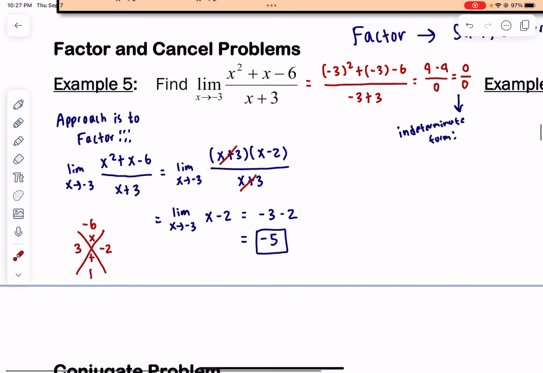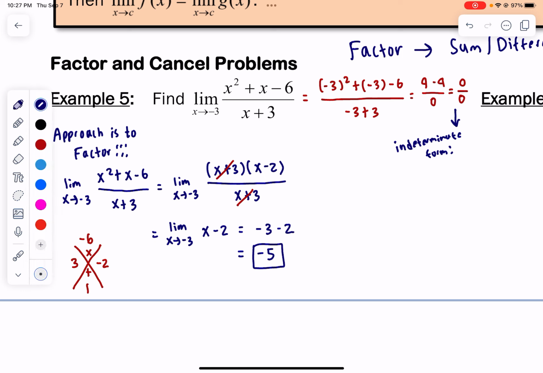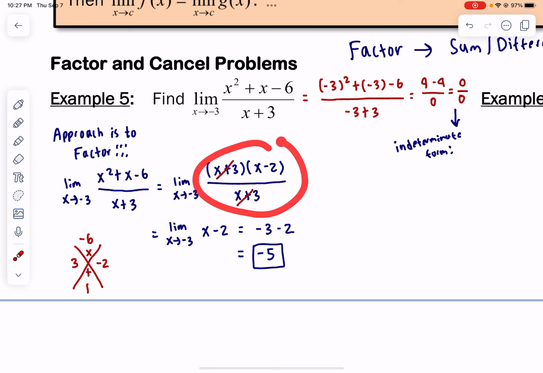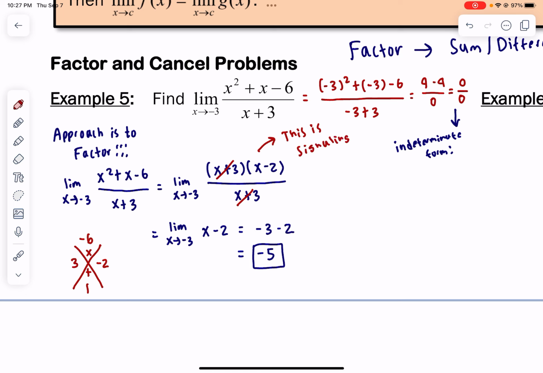All right. So we'll talk more about this, but in this situation, we actually have a hole in the graph. So whenever we cancel a factor out, this is signaling that there is a hole present in the function.